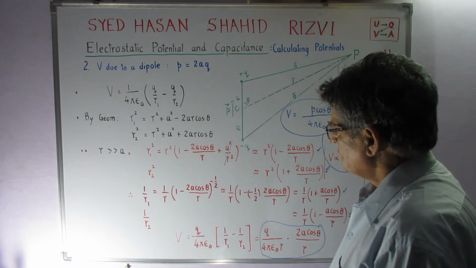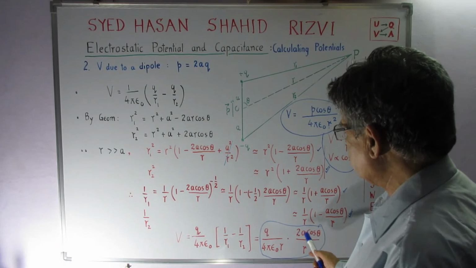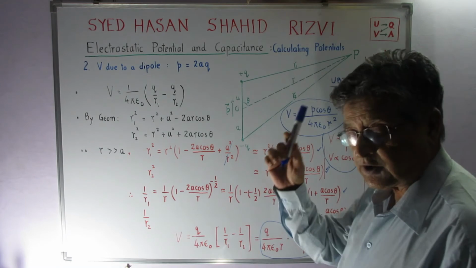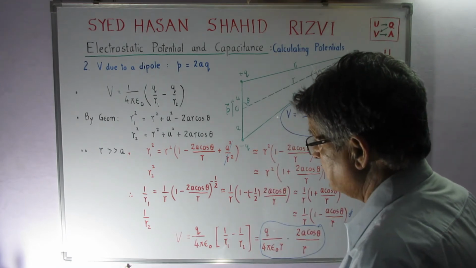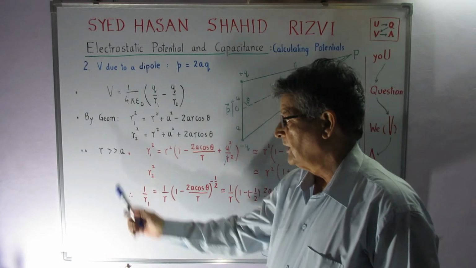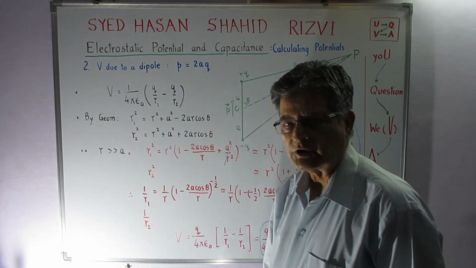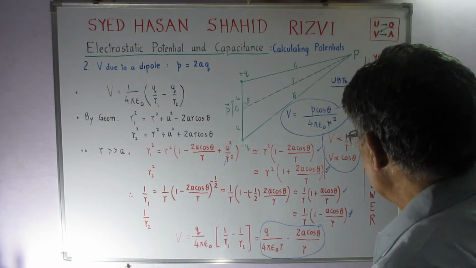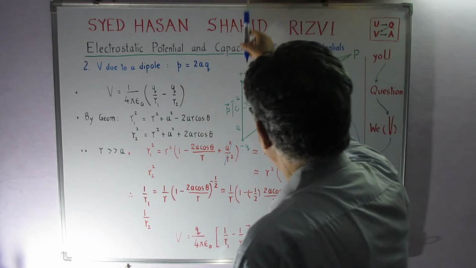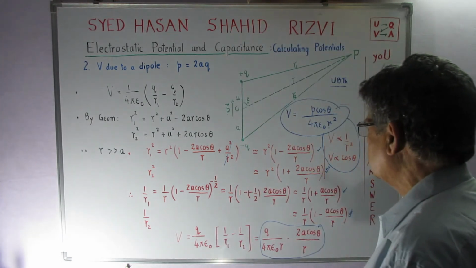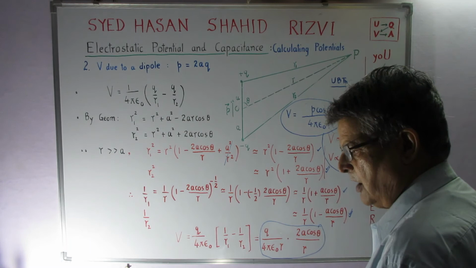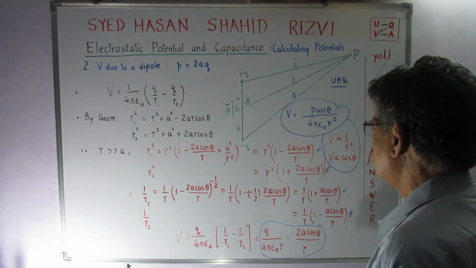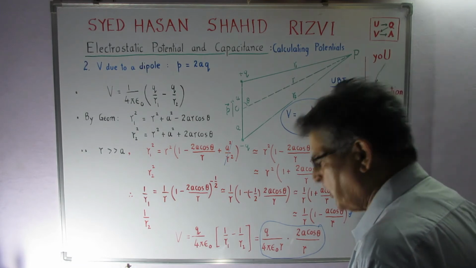Okay. So that way, friends, starting with the equations that we derive, after the approximations that you must have in your mind, and the most important approximation is that R is very very large as compared to A. Now one more thing I will tell you. If we are talking about theta equal to 0 degrees or theta equal to 180 degrees, in that case the value turns out to be P upon 4 pi epsilon naught R square.